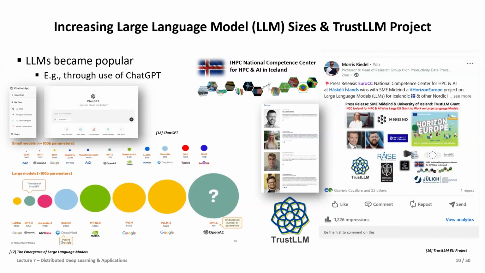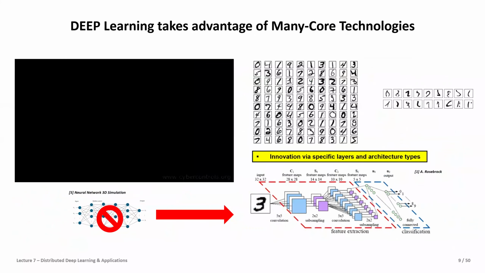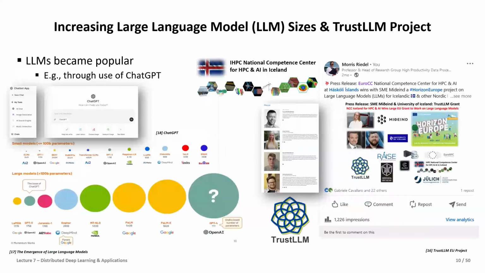This is what I want to motivate here: what you can still do in your assignment with one GPU, versus when you are in the realm of large language models, where you see the parameters here, and you really need multiple GPUs, not just a few of them. You see here small modules which are smaller than 100 billion parameters, right?